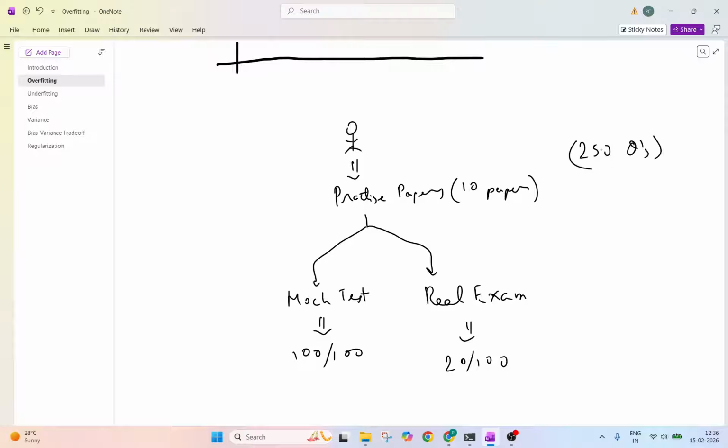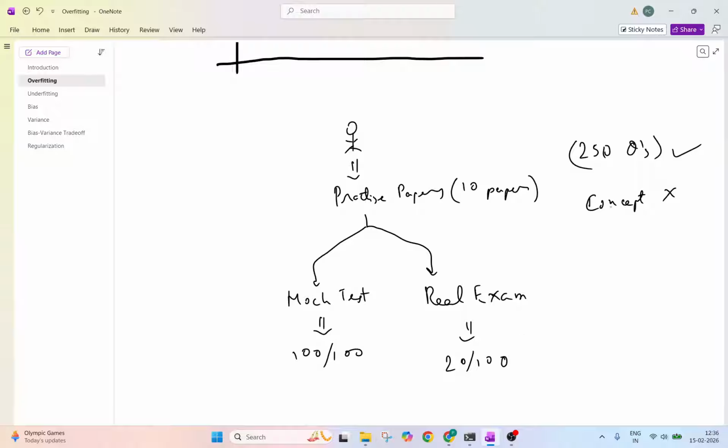So you practiced all these 250 questions, but you never understood the concept. In the real exam, 20 questions out of the 100 came from the question bank that you had studied. The rest 80 were unknown to you.